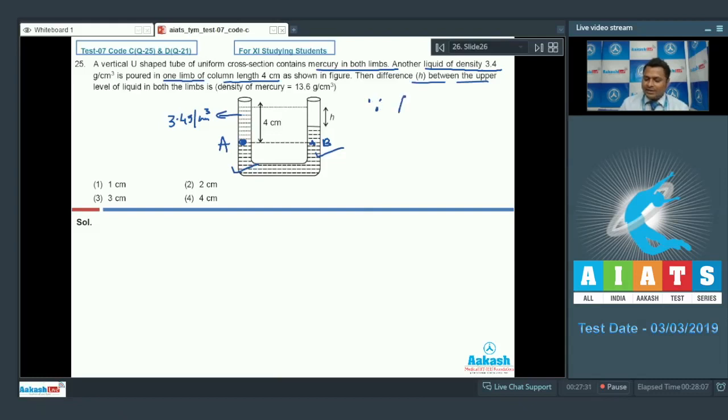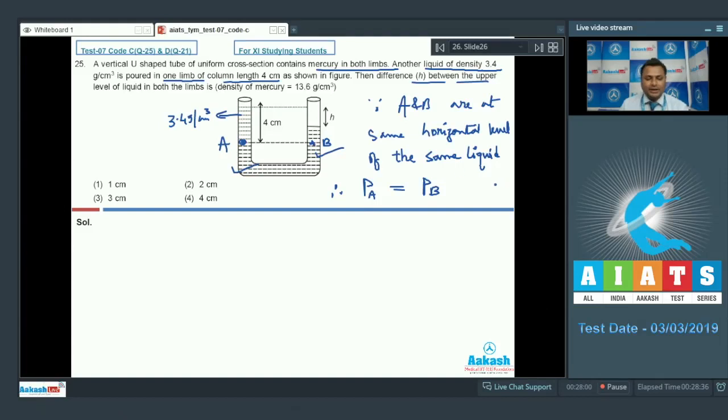Since we know very well A and B are at the same horizontal level of the same liquid, therefore the pressure at A must be equal to the pressure at B.